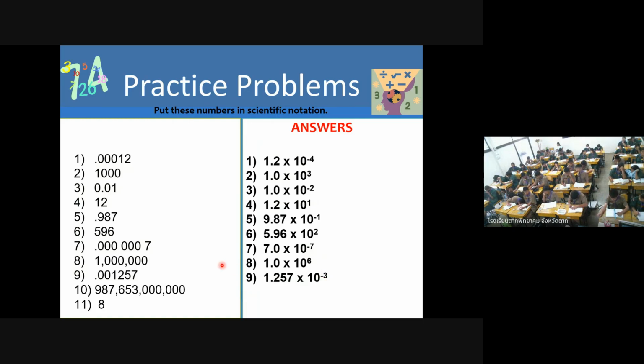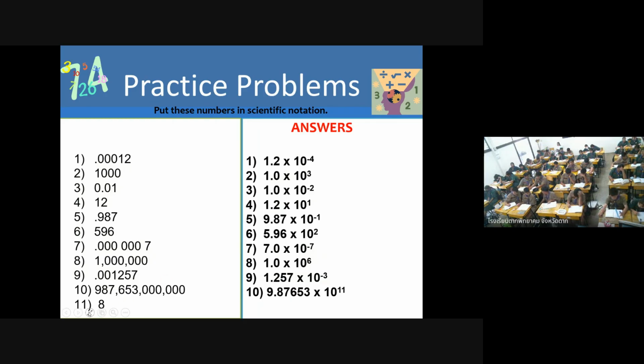Next, number 10. Everyone, what's the answer for number 10? Okay, very good. 9.87653 times 10 to the power of 11.